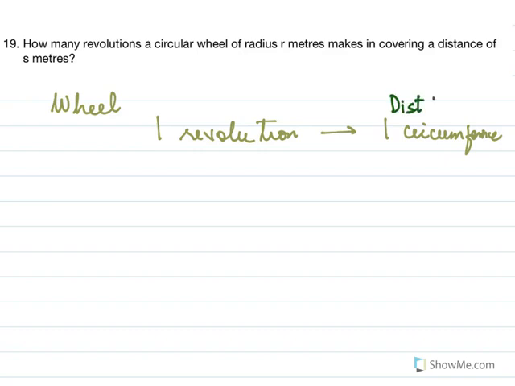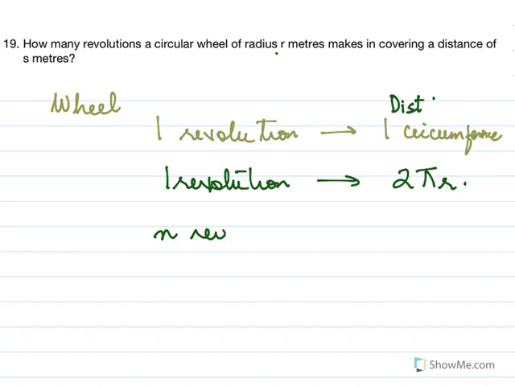So in this case, for r radius, for one revolution it would cover a distance of one circumference, meaning 2 pi r. So if you have n revolutions, it will cover a distance of n into 2 pi r.